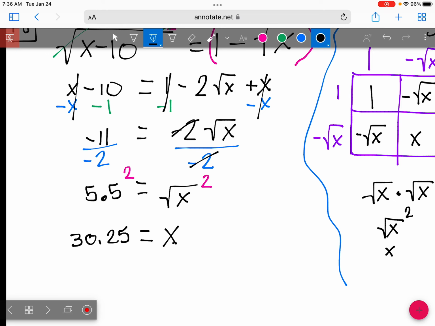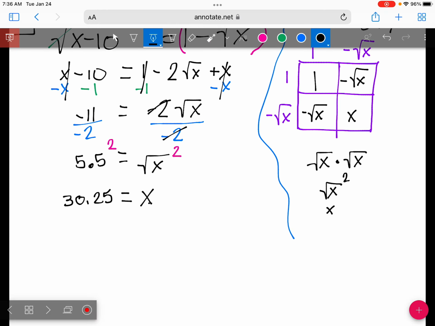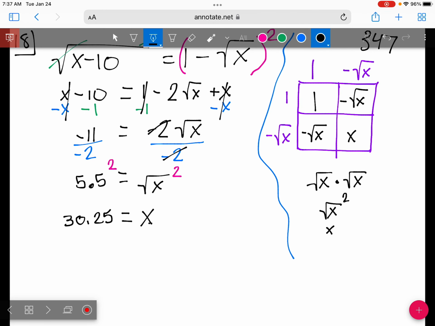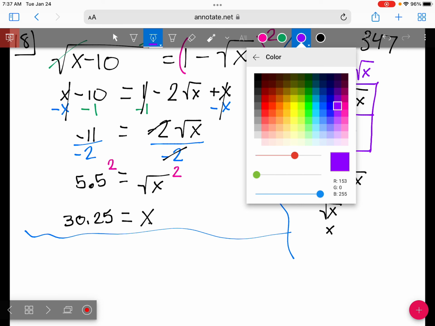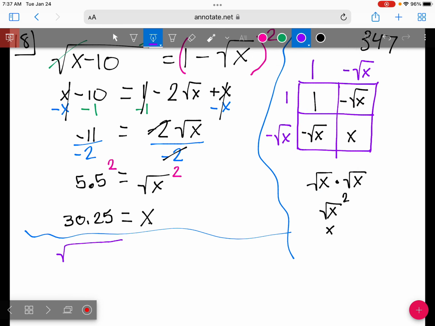We do still want to check this. So we are going to have to run operations twice to check it. We're going to take our square root of 30.25 minus 10, and I want to know what that equals.